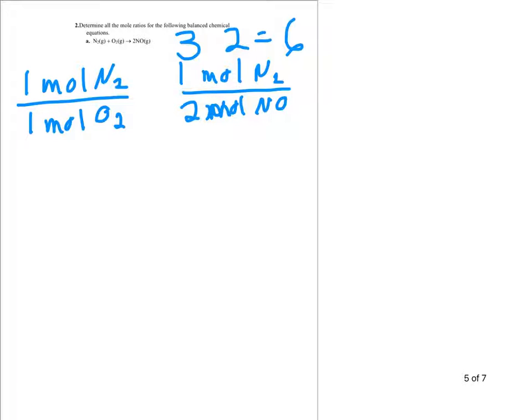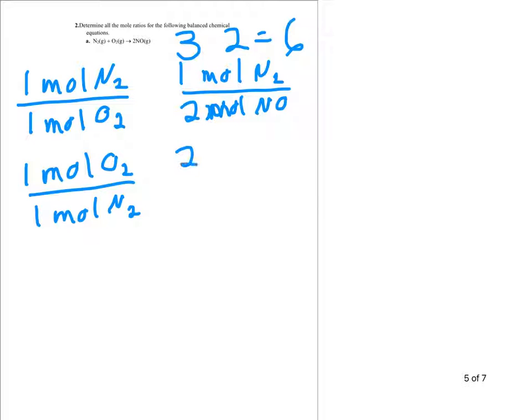And we can flip both of those over to get 2 more mole ratios. 1 mole of O2 over 1 mole of N2, and 2 moles of NO over 1 mole of N2. There's 4 of our 6.